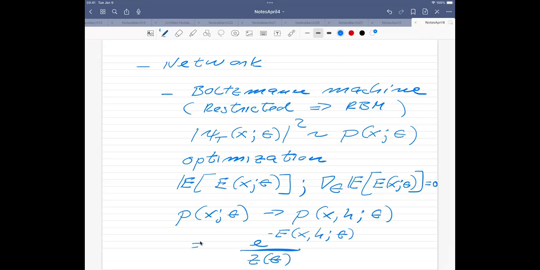I'm going to explain what this h is pretty soon, because these h are going to be parameters in a network. So you see that we are making a model for the wave function based on a Boltzmann distribution.